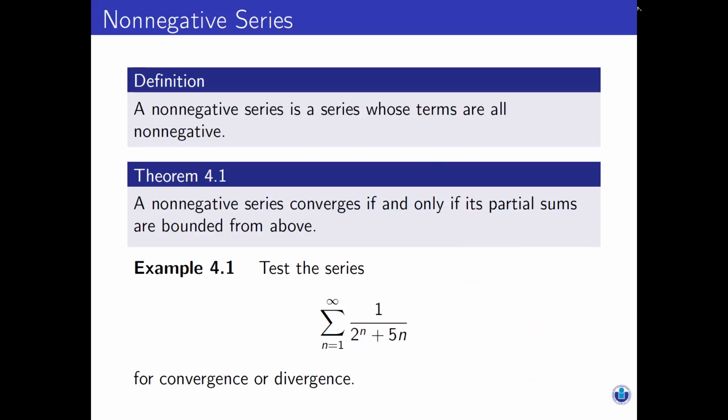Okay, let's continue now. To establish the convergence of a positive, non-negative series, all you need is to show that the partial sum is bounded from above. So let's try this on this series.